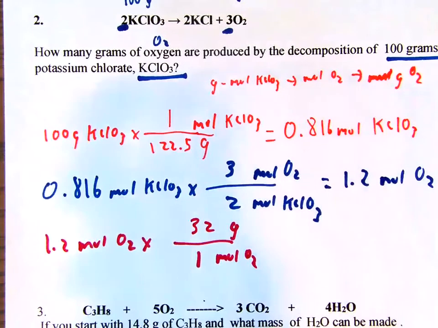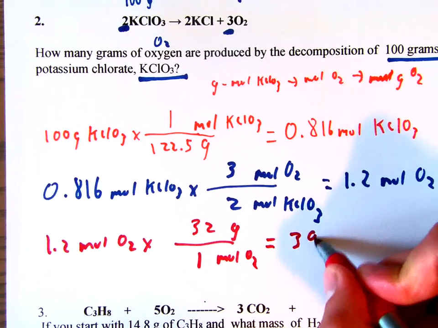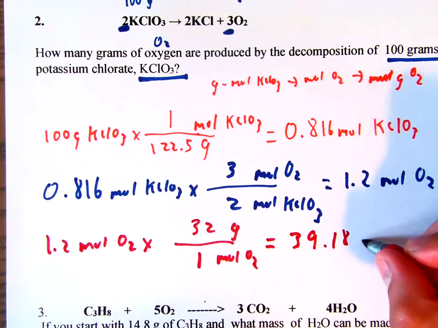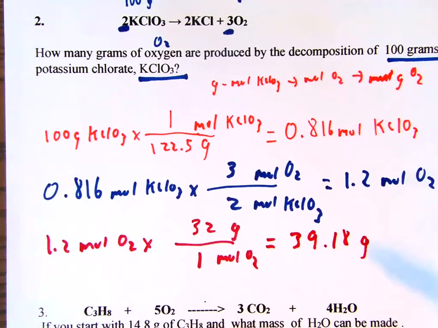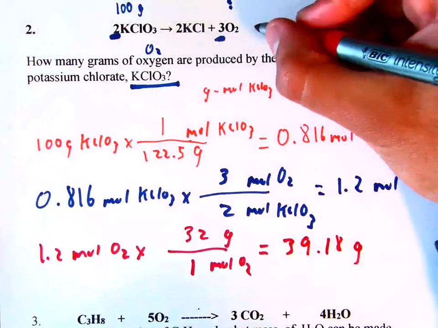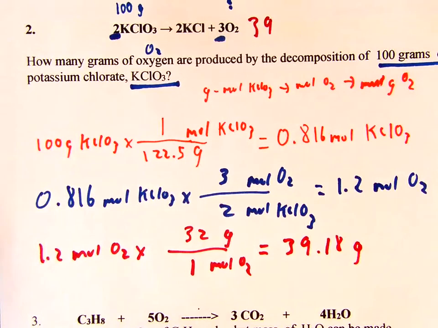I multiply 1.2 times 32, which gives me a mass of 39.18 grams. In other words, if I have 100 grams of this substance, I will make about 39 grams of this substance.